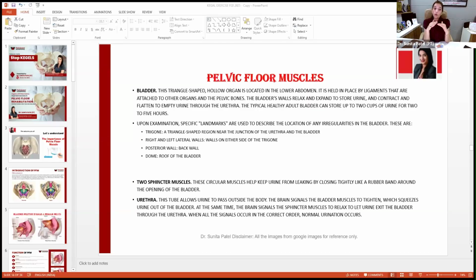So now how to do the Kegel exercise? Like how to perform the Kegel exercise? Lie down with an empty bladder, tighten your pelvic floor for 3 to 5 seconds, hold and then relax. Perform 10 repetitions.